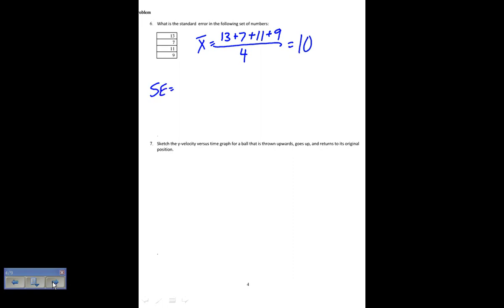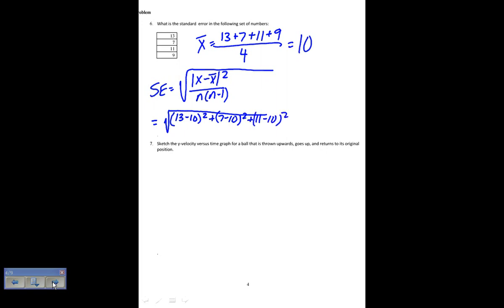And then the standard error is the sum of x minus x bar, absolute value, squared over n minus 1. So putting this in, I get the square root of 13 minus 10 squared plus 7 minus 10 squared plus 11 minus 10 squared plus 9 minus 10 squared.